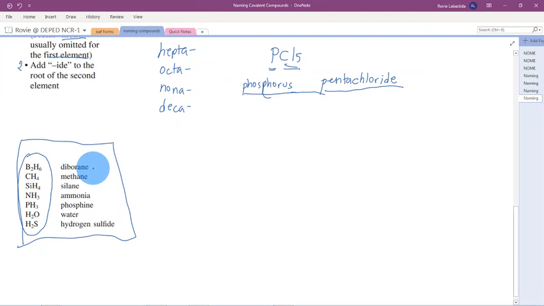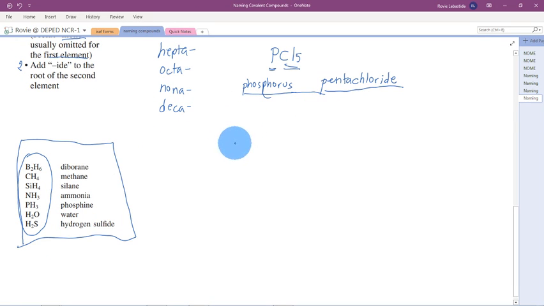So for B2H6, diborane; for CH4, methane; for SiH4, silane; NH3, ammonia; PH3, phosphine; H2O, water; H2S, hydrogen sulfide. These names are more acceptable compared to the systematic name.